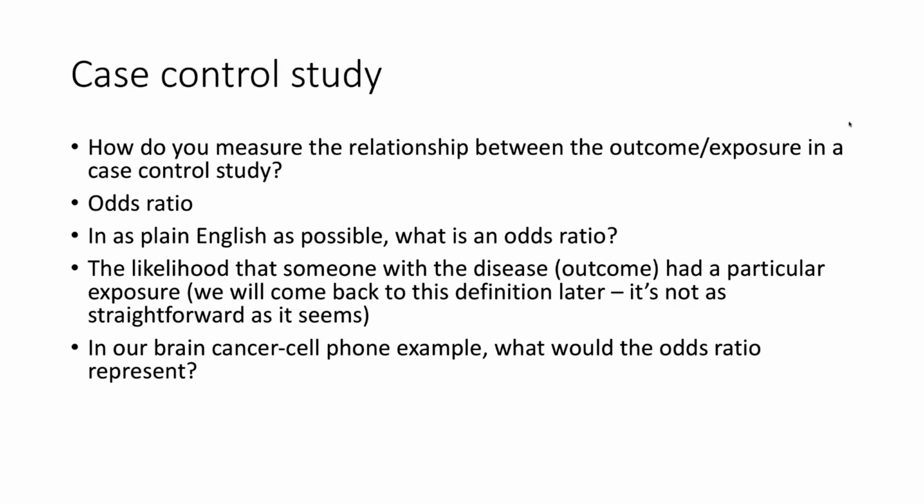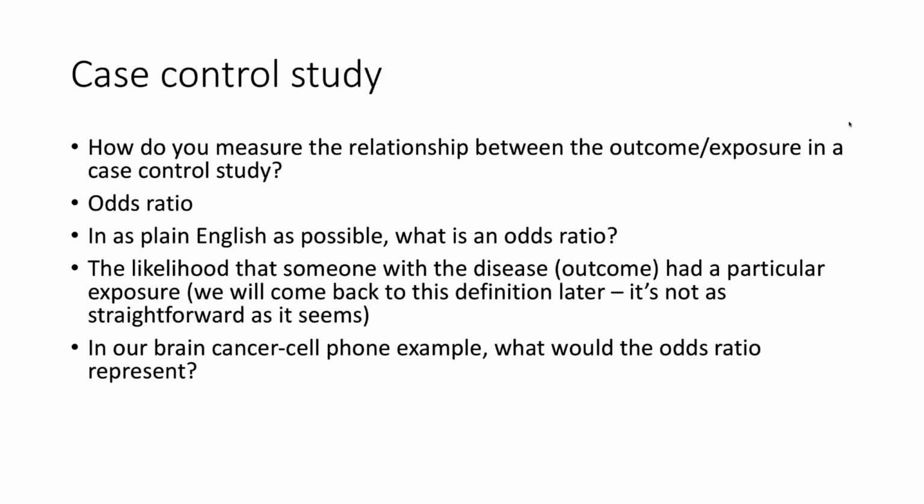So I would guess, and I want to try to do this without looking at your PowerPoint, the odds that the population with brain cancer had exposure to cell phone use, or the likelihood that they had exposure, versus the non-brain cancer population with cell phone use. Very good. That was actually really good.